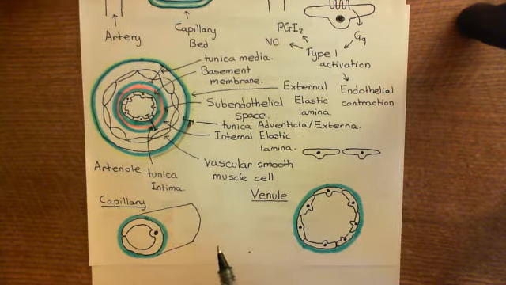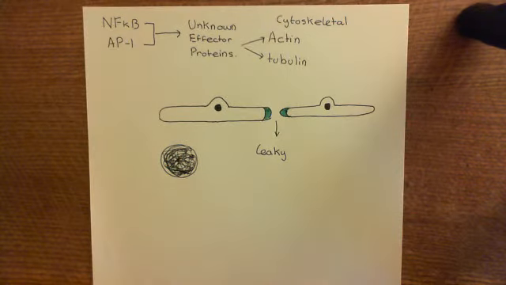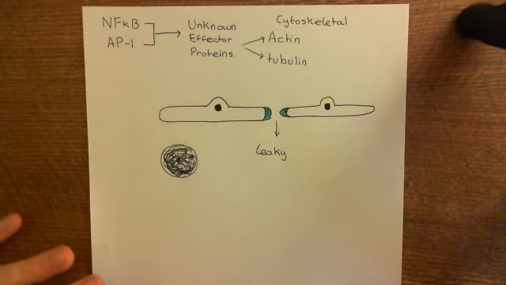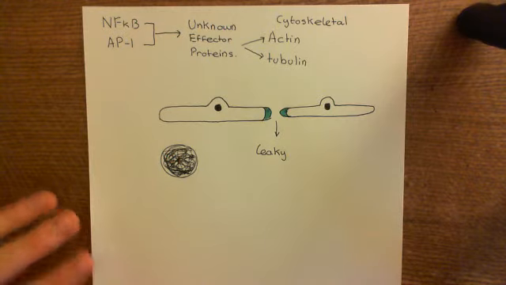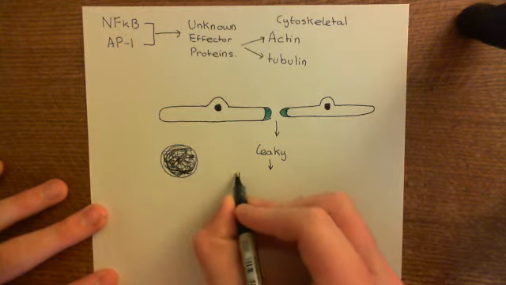What this is going to allow is fluid and protein, but these holes aren't going to be big enough, not quite big enough for cells just to move through, not without help, and we'll discuss help in a moment. Okay, but basically, fluid and proteins that are within the blood are now going to move out of these holes and into the interstitial space. So what you will form is an inflammatory exudate.